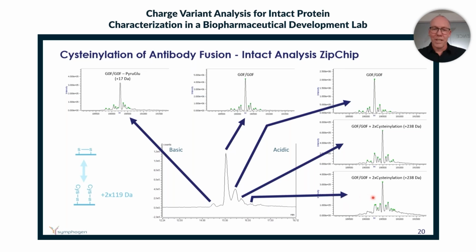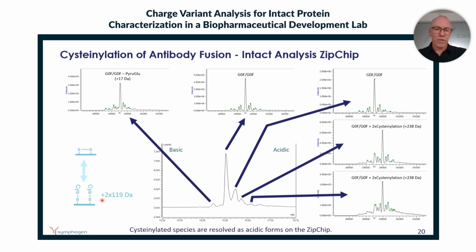So you can really see this modification is nicely resolved on the SIP chip, and that allows us to support the observations we made on the reverse phase, which was our initial way of resolving these cysteinated forms. So again, you can observe a lot of synergy between the different methods, and if you observe the same phenomenon on completely orthogonal separation techniques, this really gives you great confidence in your results.